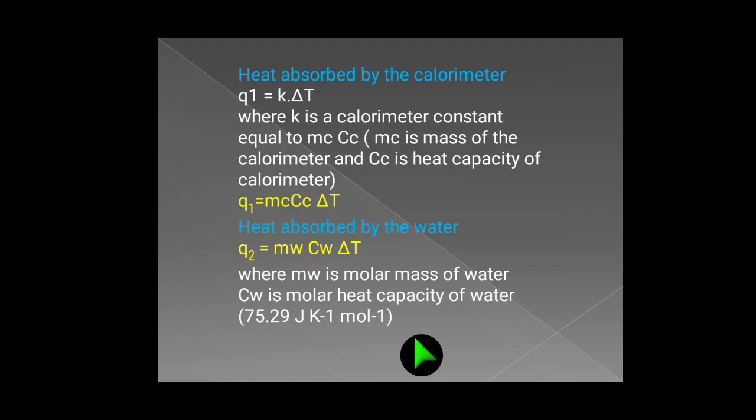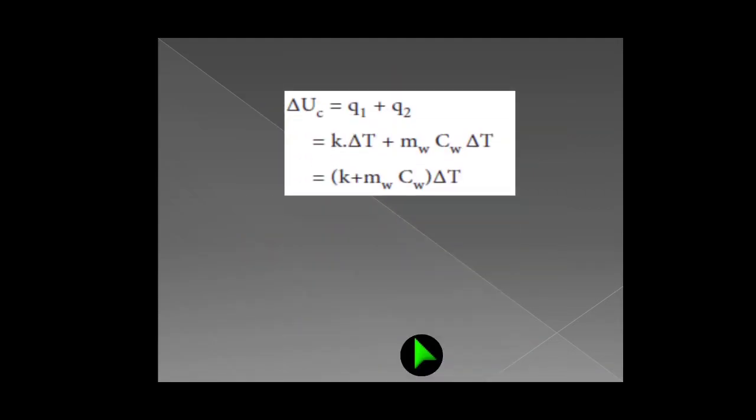Now the Q1 and Q2 you calculated, the heat absorbed by the calorimeter and the heat absorbed by the water, is equal to del U. Just substitute the values: K del T for Q1, mW Cw del T for Q2. Here del T you take as common. So K plus mW Cw, multiplied with del T.